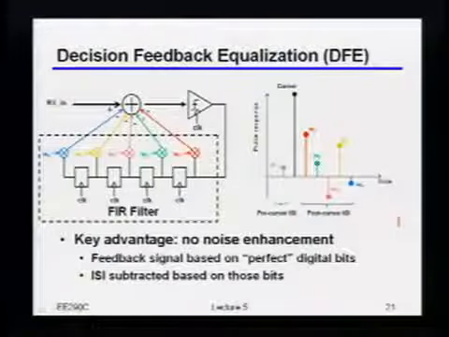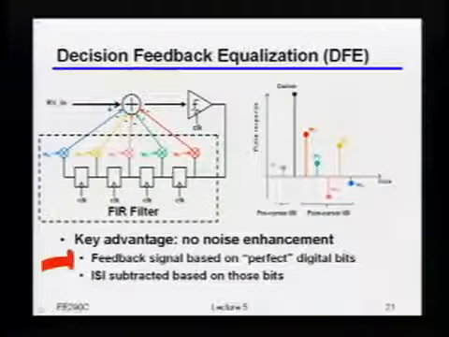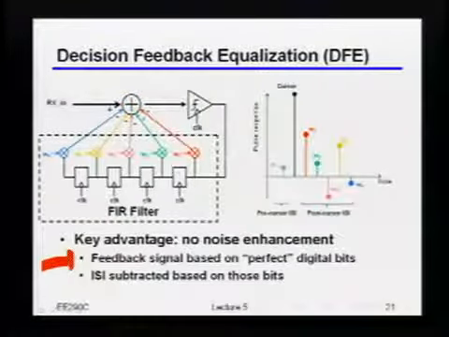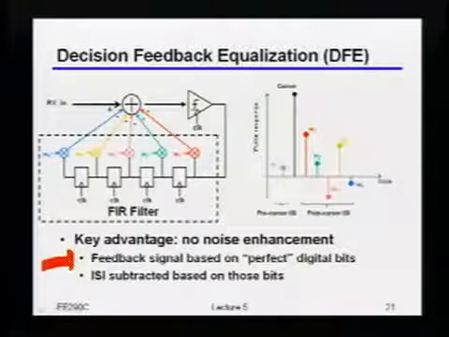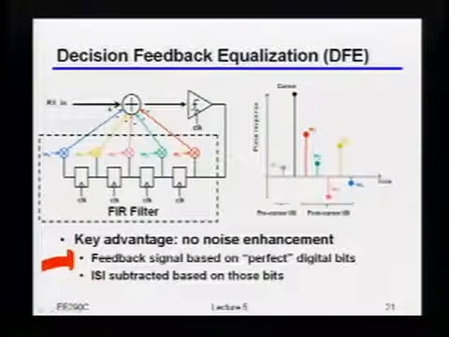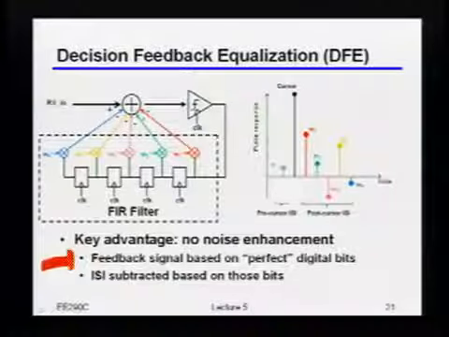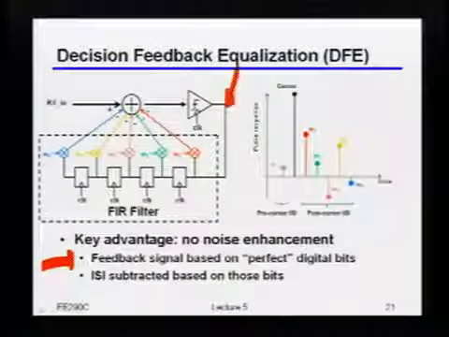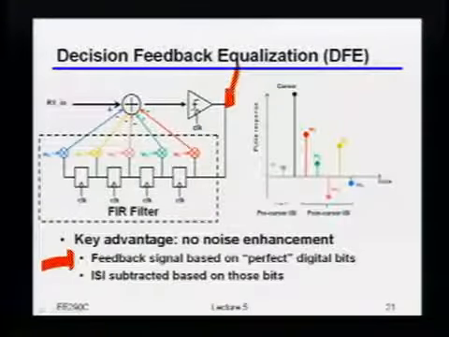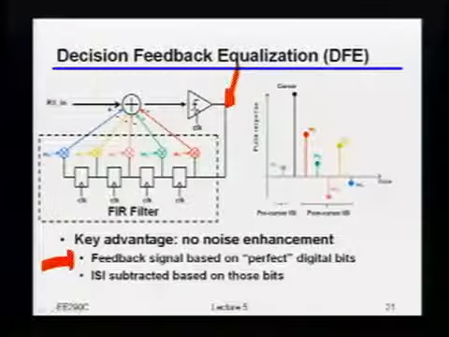Okay? So again, just to make sure this is clear, the reason why this is advantageous is that by doing this, you're not enhancing the noise at all. You're not multiplying the noise. The reason for that is that once you have a digital bit, that digital bit is just a digital bit. It's a 1 or a 0. So in other words, it has no information about what the noise beforehand was.